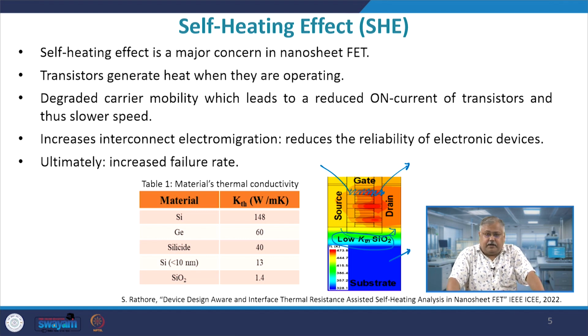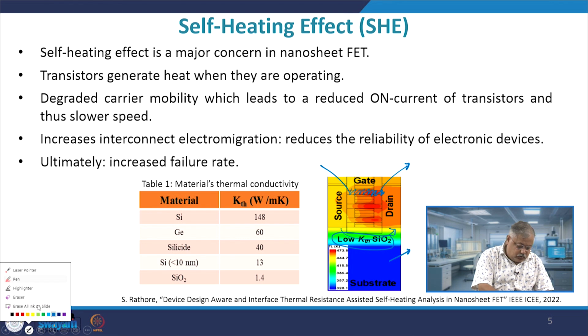What you see is a thermal diagram, right, which means how the heat is getting dissipated or collected within the structure. So, I will just show it to you.